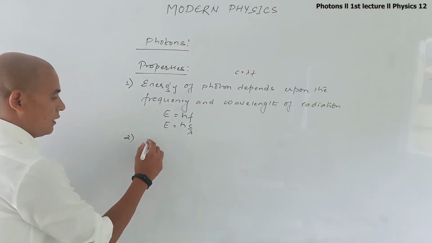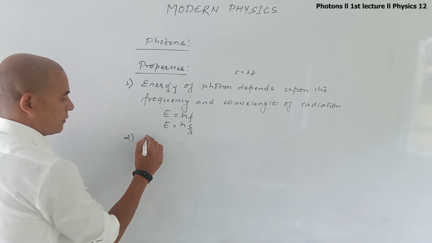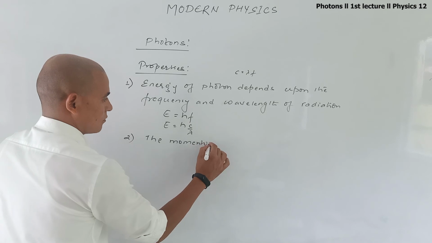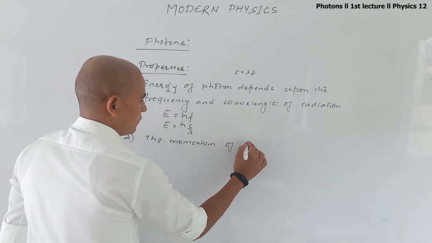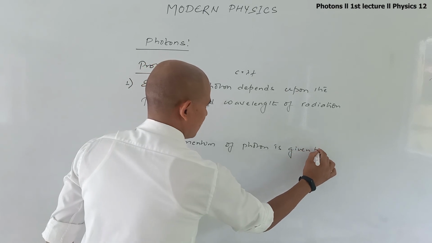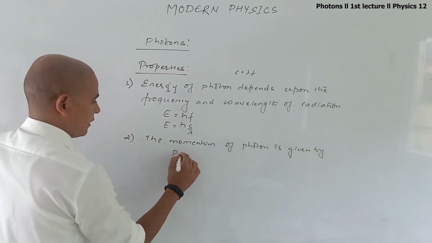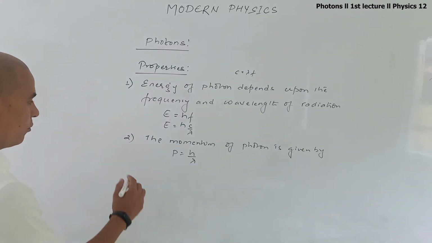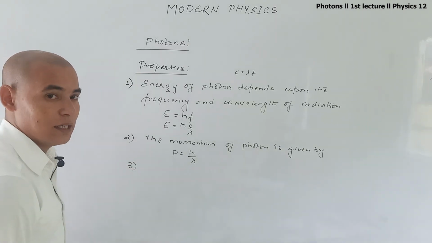Next, number 2, the momentum of a photon is given by P equals h by lambda. So we can calculate the momentum of a photon.